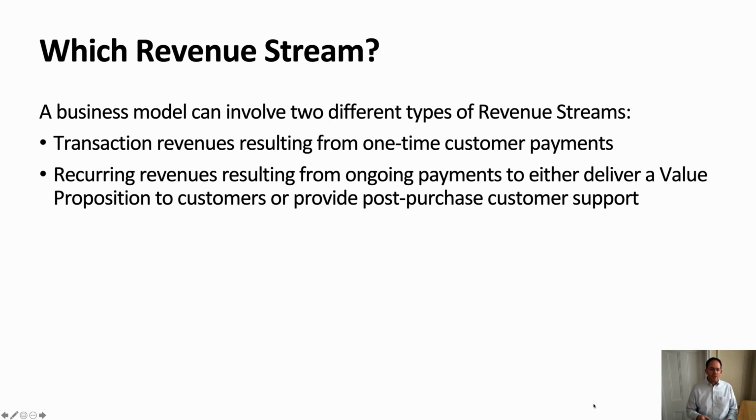Transaction revenues, some of those that I talked about, project fees, they're one-offs, they're one-time customer payments. What is more attractive, and some customers will enjoy this as well, is the idea of recurring revenues. These are ongoing payments. Okay, so there's two different ways that you can break this down, however you describe the actual revenue or fee that you're receiving.